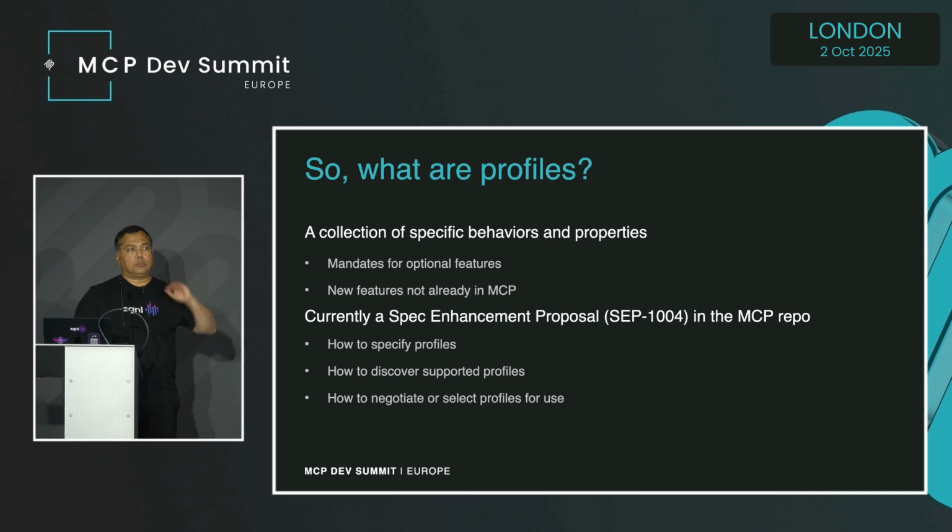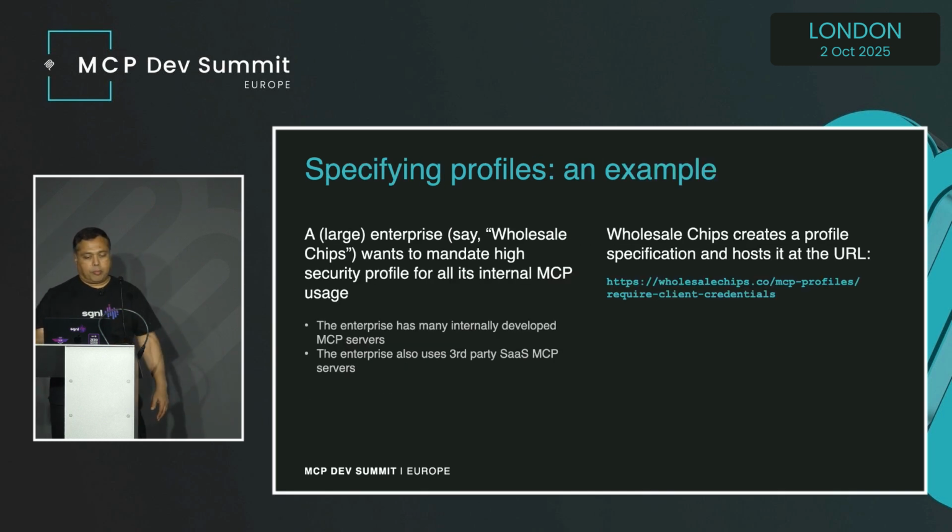It specifies how to specify a profile. Then it specifies how to discover whether a server supports a certain profile, or which profiles a server supports. And thirdly, it has a way to negotiate between the client and the server the choice of the profiles you want to use. So there are these three aspects to that SEP.